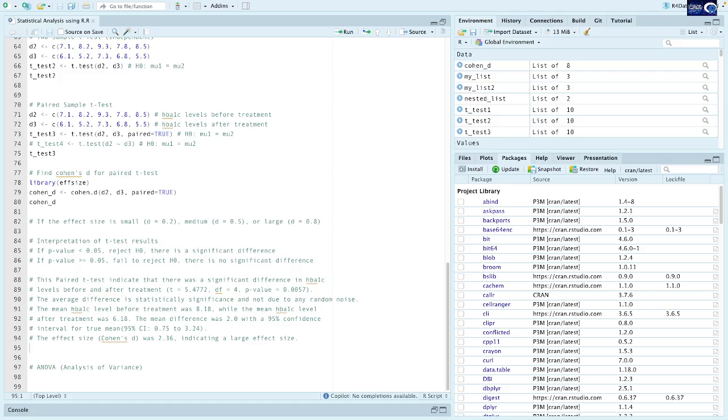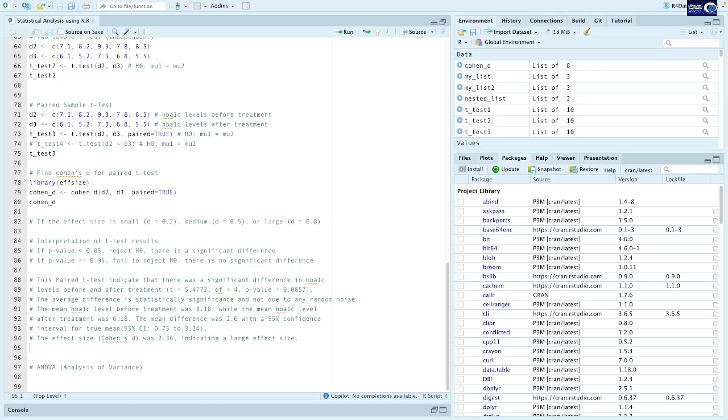If I put it in a data frame, it will be columns like this.